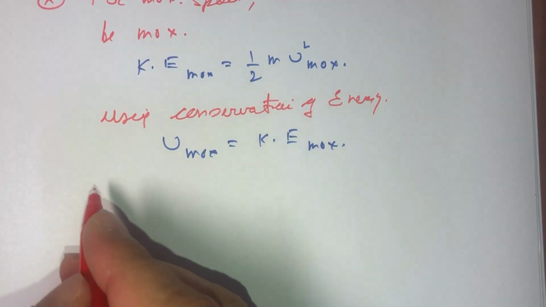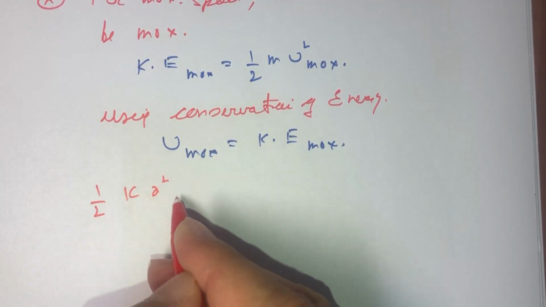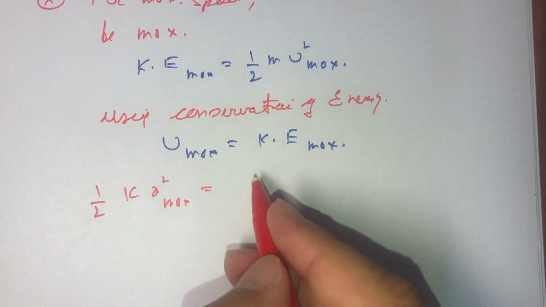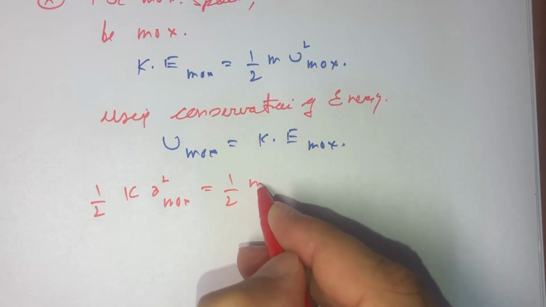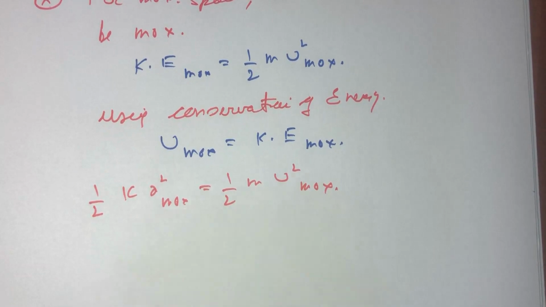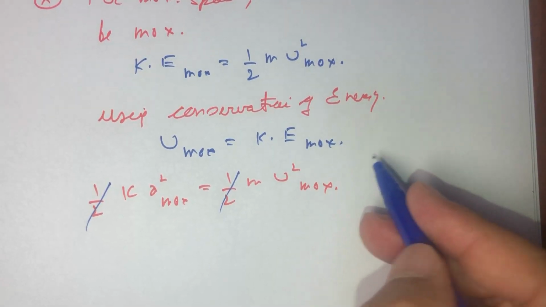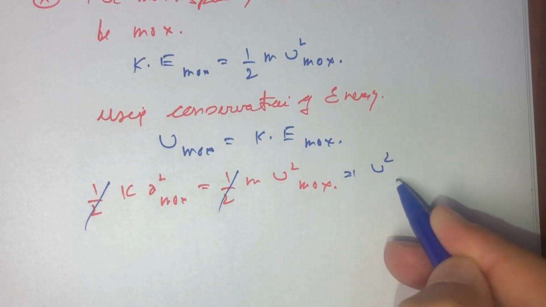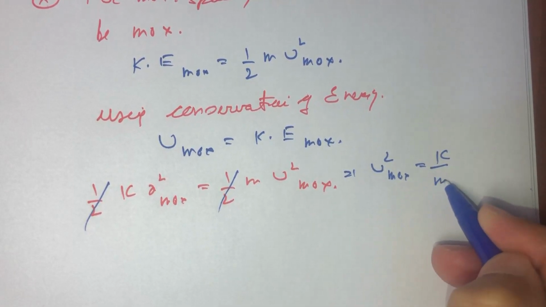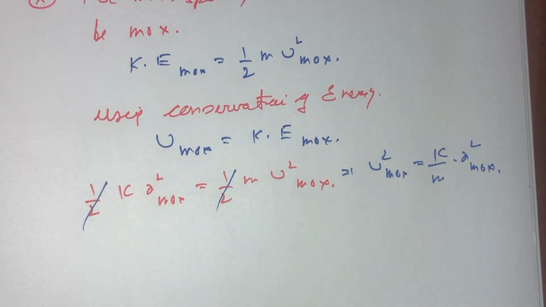U max is given as half K X square max is equal to half m v square max. Half goes with half, so from here we can write that v square max will be equal to K upon m, and we have here x square max.